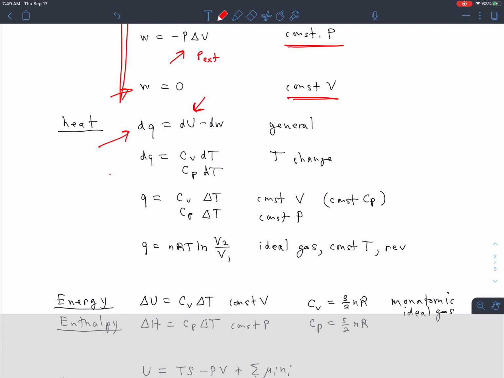If there's a temperature change involved, then the heat change is equal to either CV or CP times the small temperature change dT.